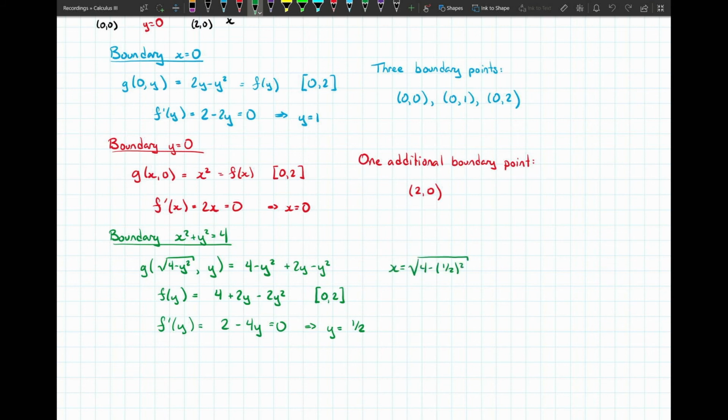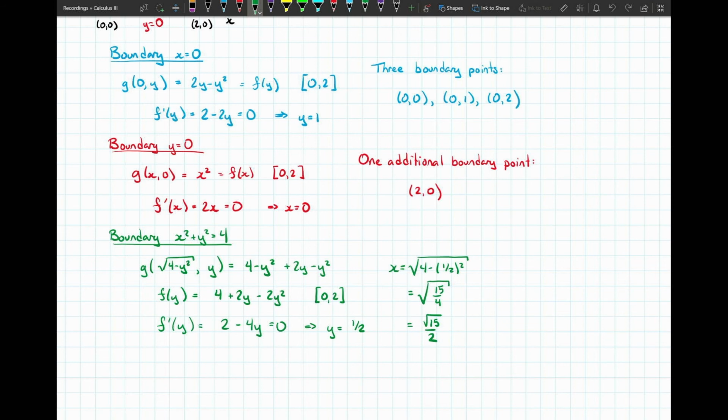If that's the case, then x is equal to the square root of 4 minus 1/2 squared. 1/2 squared is a quarter, and 4 minus a quarter is going to be 15 over 4. We take the square root of 15 over 4, then at least we can take the square root of that denominator and leave us with the square root of 15 over 2.